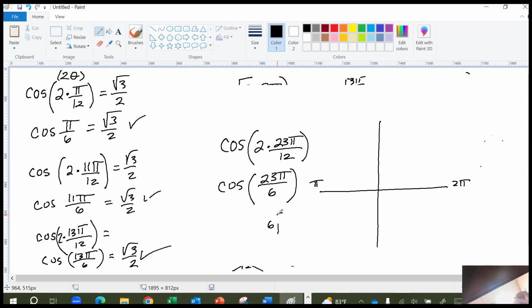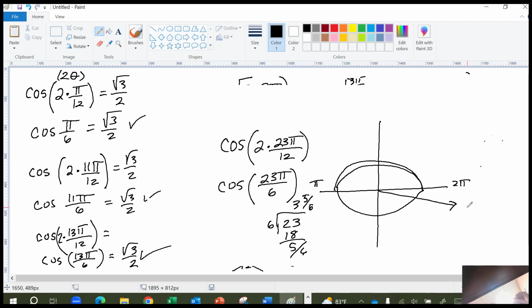And 6 goes into 23 3 times with 5/6 left over, okay? So it's 3 and 5/6 pi. So look, here's 0, 1, 2, 3, and 5/6 is, look, right there. So here's your 23 pi over 6. So that's also the square root of 3 over 2. So we were absolutely on the right track.